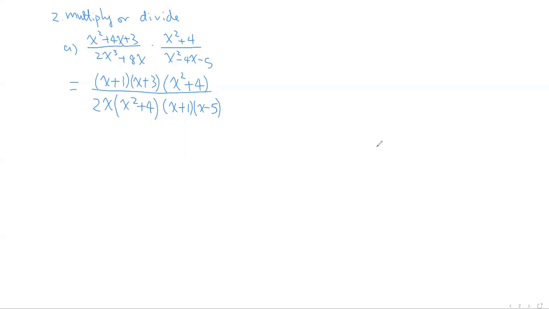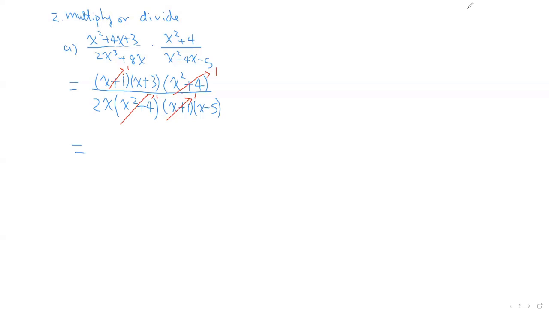Now we cancel the common factors. X plus 1, x plus 1. Cancel them, right? So this is 1. And x squared plus 4, x squared plus 4.